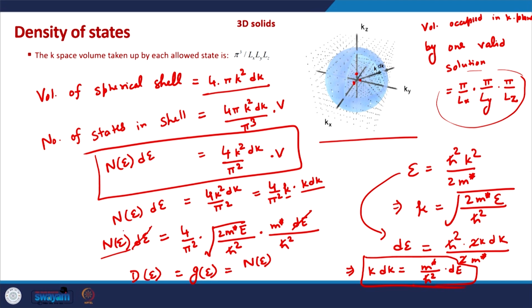So, this is essentially the expression 4 by pi square h bar cube times m star times square root of 2 m star E. So, this is how we calculate the density of states in a 3D channel.